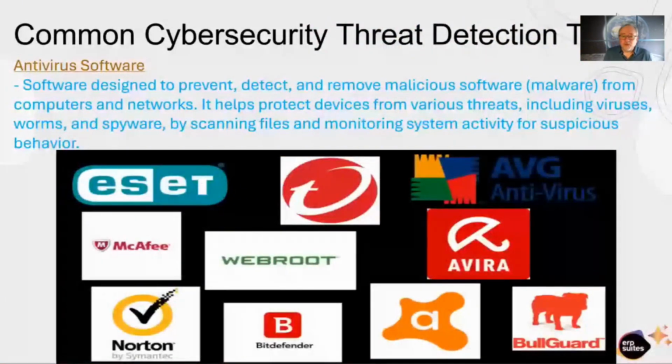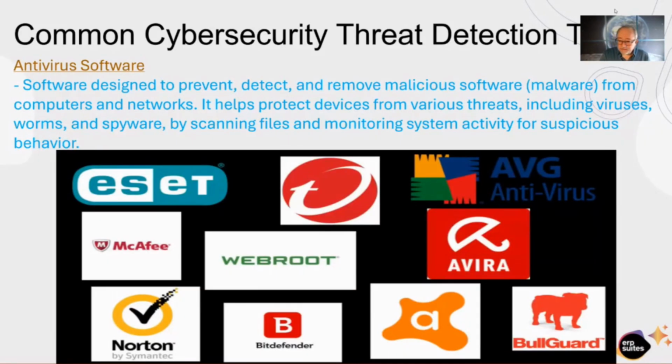So as we look at the standards, what are some of the common cybersecurity threat detection tools that exist overall? We're not going to dive into the AI first. We must recognize where our issues are with the tools that we have before we really get into what advantage AI has for us. So, common cybersecurity threat tools. Antivirus software.